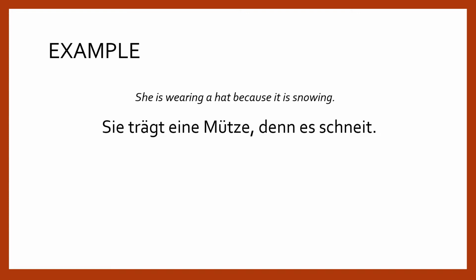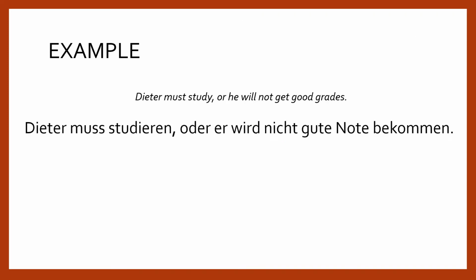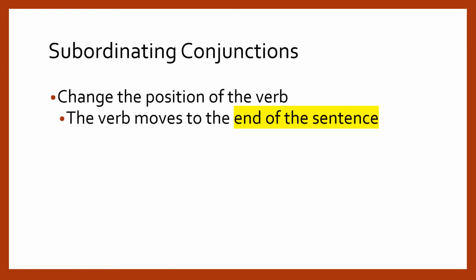So she's wearing a hat because it is snowing. Which conjunction is used here? Again, we have denn. Dieter muss studieren oder wird nicht gute Note bekommen. Which conjunction here? Oder.